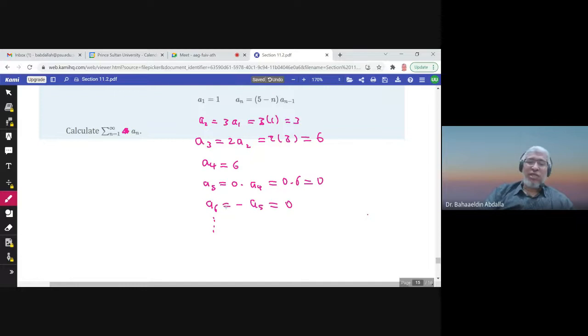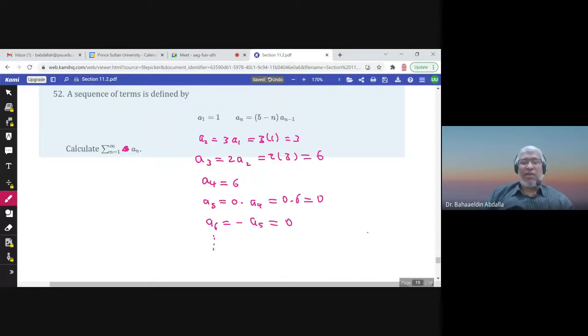So actually this sequence is, the first term is 1, then the second term is 3, the third term is 6, the fourth term is 6, then the fifth term is 0, and the sixth term is 0, and all the other terms are 0. So the summation of an from 1 to infinity would be 1 plus 3 plus 6 plus 6 plus zeros, so it would be 16.